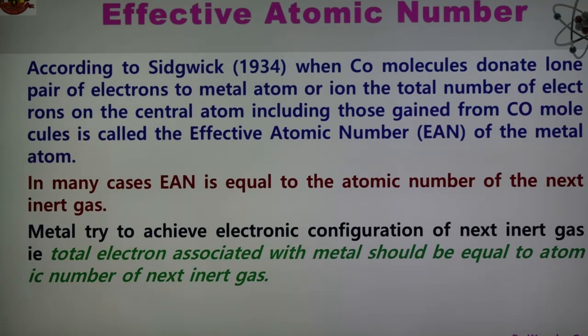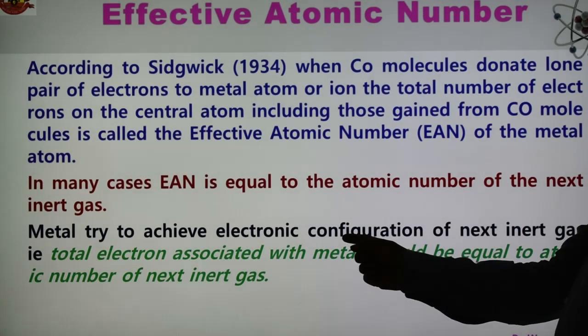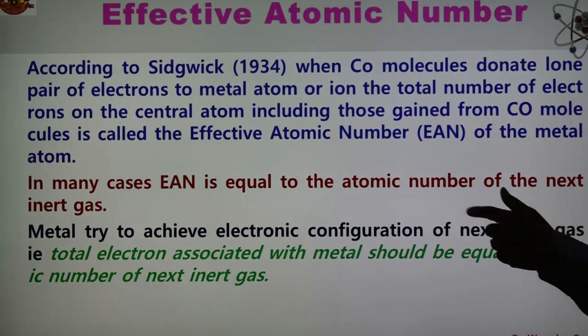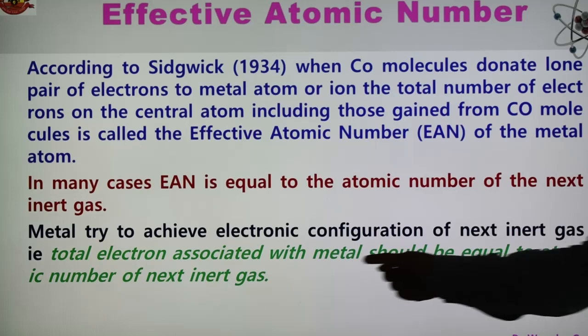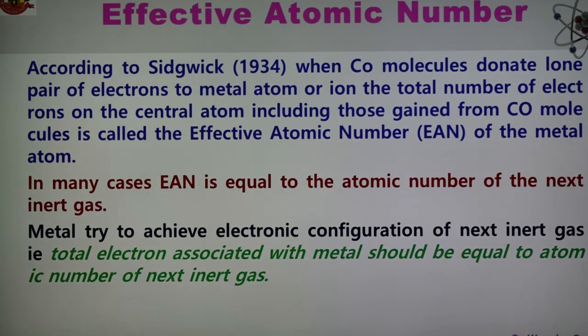Effective atomic number is defined as the total number of electrons associated with the metal in the complex, including electrons donated by the ligand. In many cases, EAN is equal to the atomic number of the next inert gas. The metal tries to achieve the electronic configuration of the next inert gas, that is, the total number of electrons associated with the metal should be equal to the atomic number of the next inert gas.